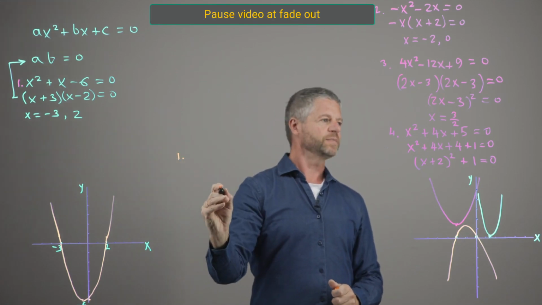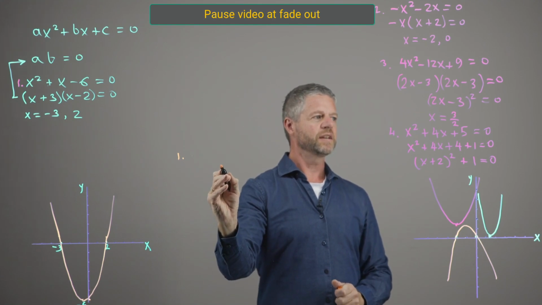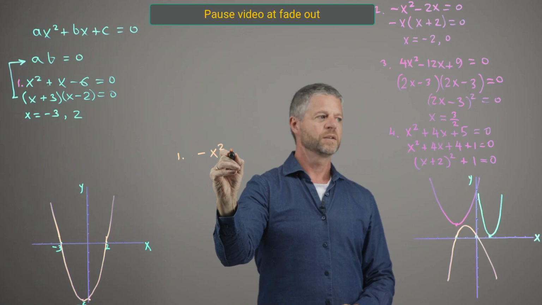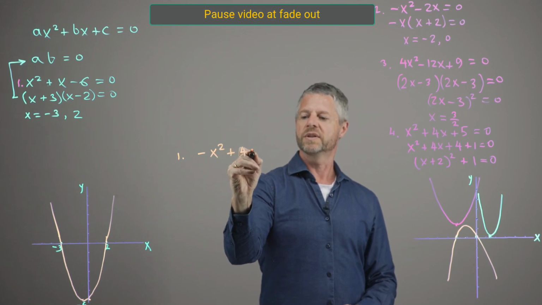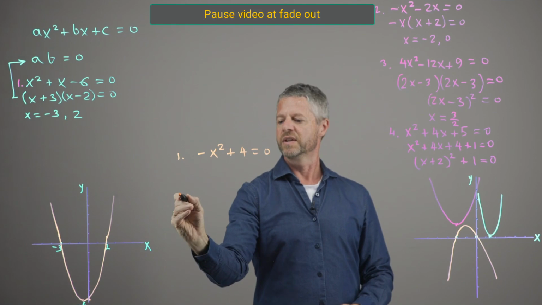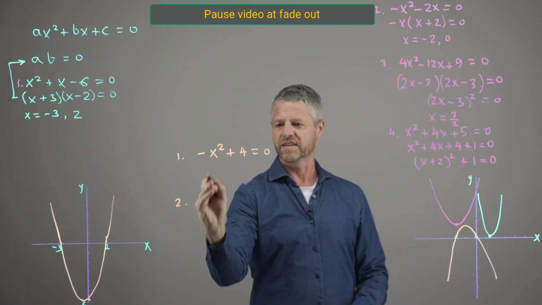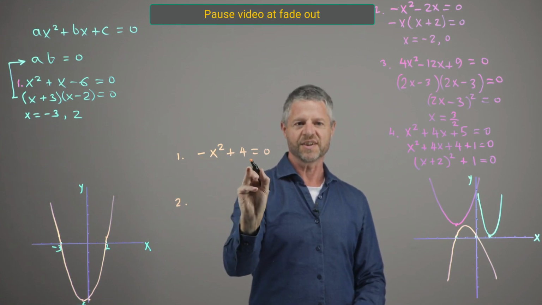So the first one is going to be minus x squared plus 4 equals 0. And then the second one will be, so that one's fairly easy. That shouldn't take you very long to do.